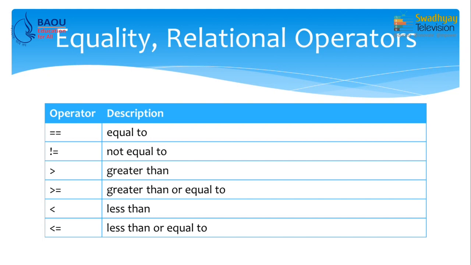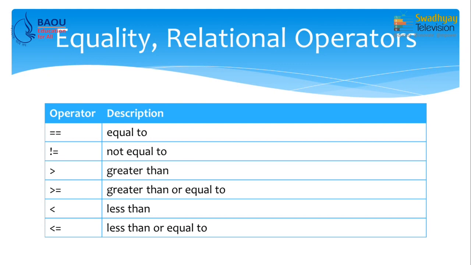The second operator is not equal to. It returns true if the left hand operand and right hand operand are not equal. Similarly, greater than returns true if the left hand operand is greater than the right hand operand, and greater than or equal to returns true if the left hand operand is greater than or equal to the right hand operand.